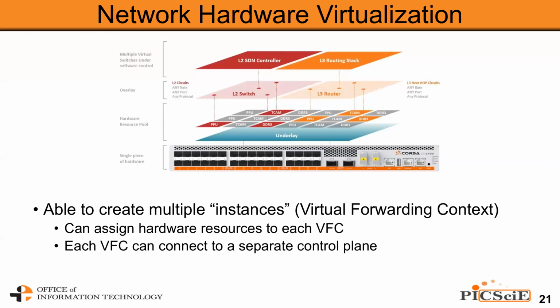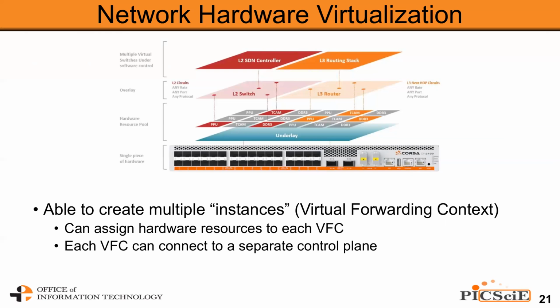Before I go into that, I want to mention that our hardware, which is of course the DP2200, allows us to create multiple instances, or virtual forwarding contexts, as they call it. What it means is that you can slice the switch and assign a group of ports to a virtual forwarding context, or VFC. You can create another one with a different set of ports and call that VFC2, and so on.